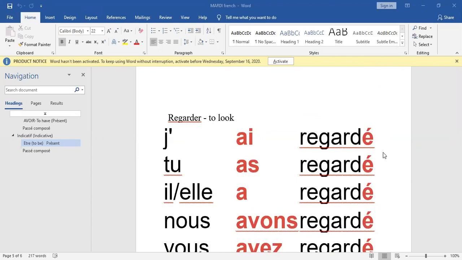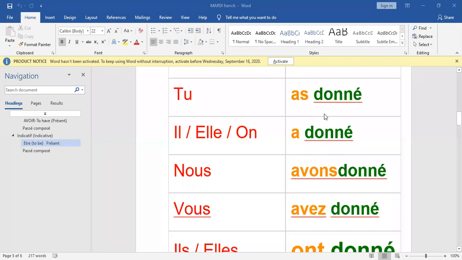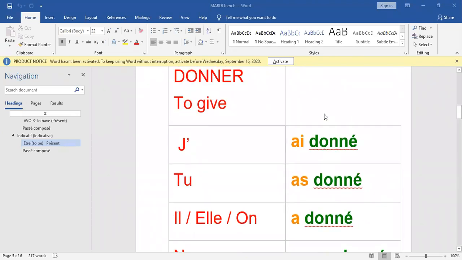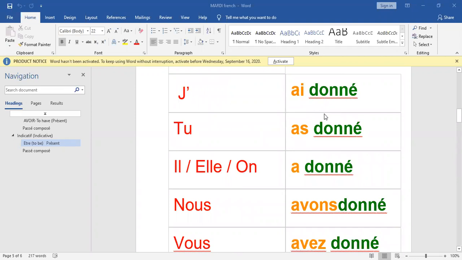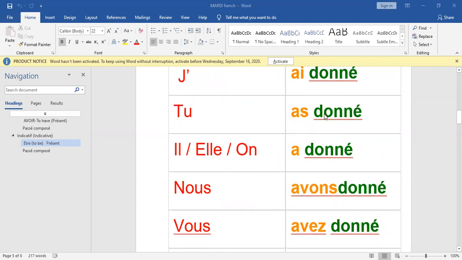Tu as regardé. Il, elle a regardé. Nous avons regardé. Vous avez regardé. All the same. Here we also have donner, the verb to give. And when you are conjugating this verb, please, you remove R. And you now have this.